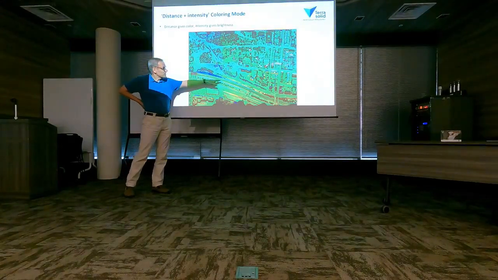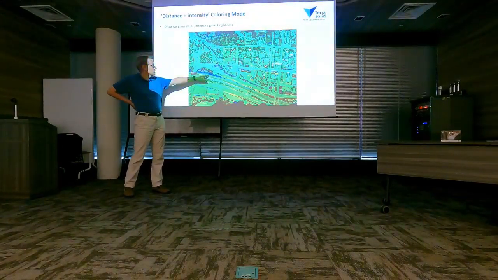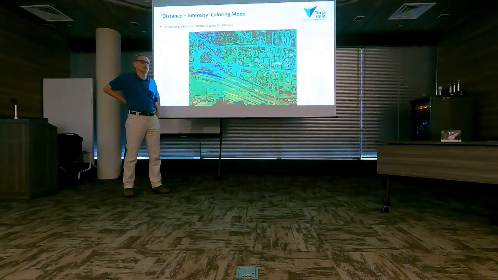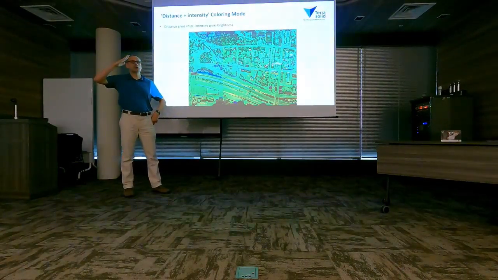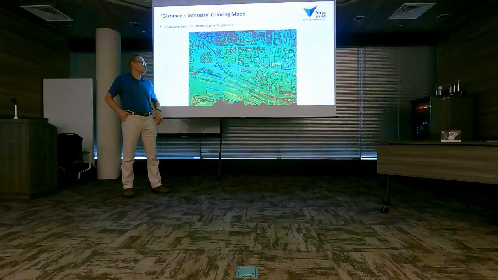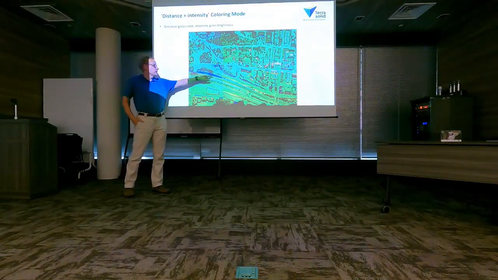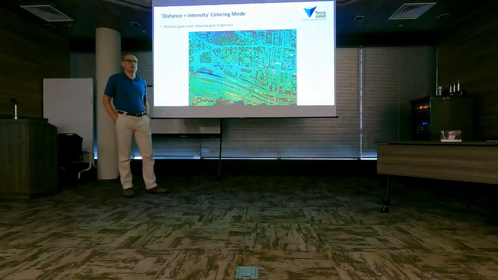From the intensity I can see that there is a road here, and often next to a road we have a sloped surface. So I can understand that, okay, it's a sloped surface and there is some XY mismatch between the flight passes.